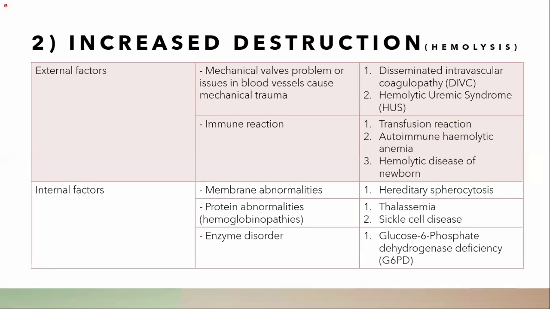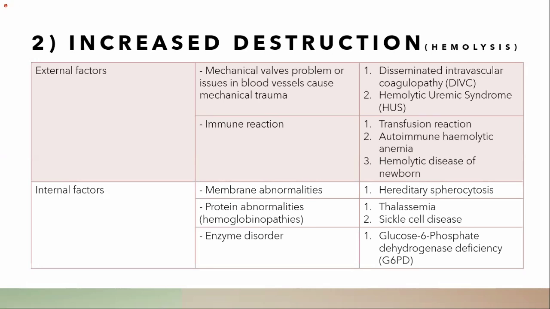Okay, the next pathology is when there is increased destruction of the RBCs, to the point where the body cannot compensate to produce RBCs and this causes anemia. Increased destruction can be understood by external or internal factors.